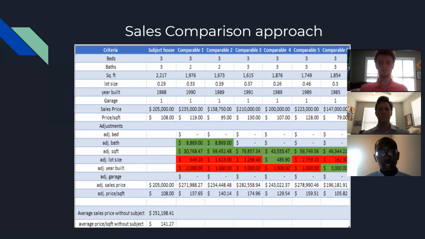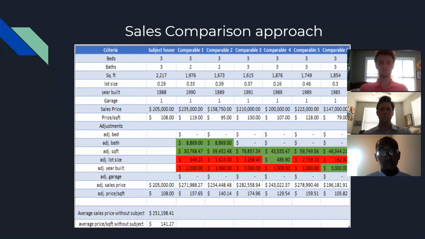For the lot size, we did some research to find how much one acre is, which is $6,230 in North Carolina. So again, like we did with the square footage, we subtracted the subject house from the comparable lot size and we multiplied it by that number, which is how we got our adjustments.